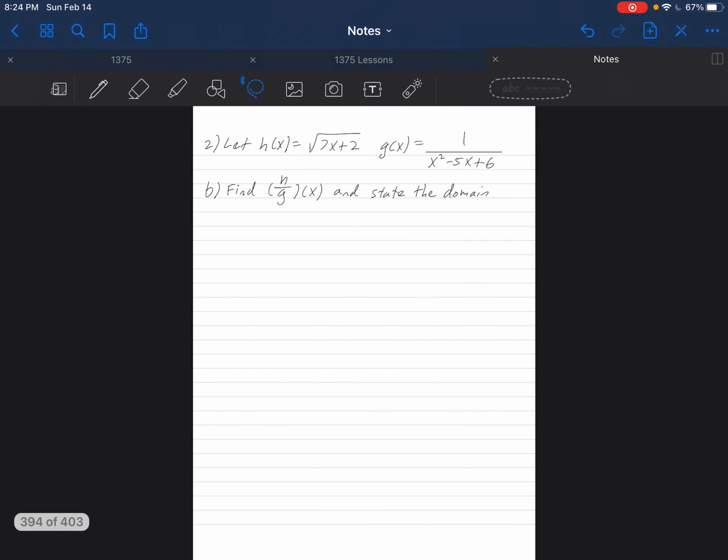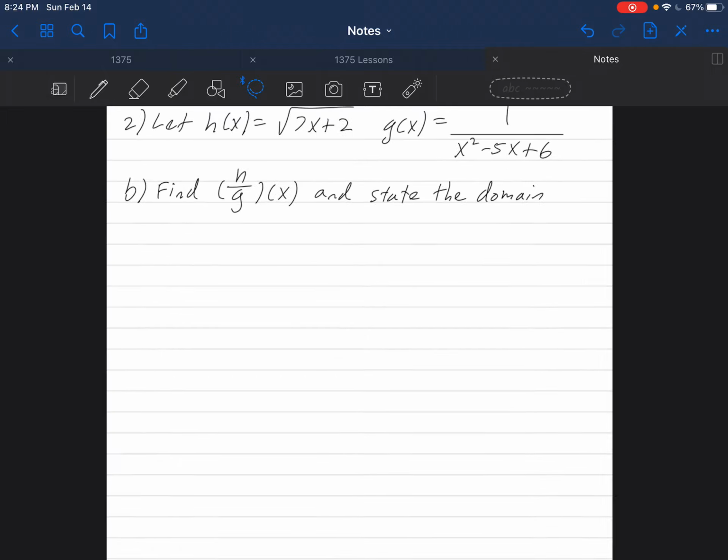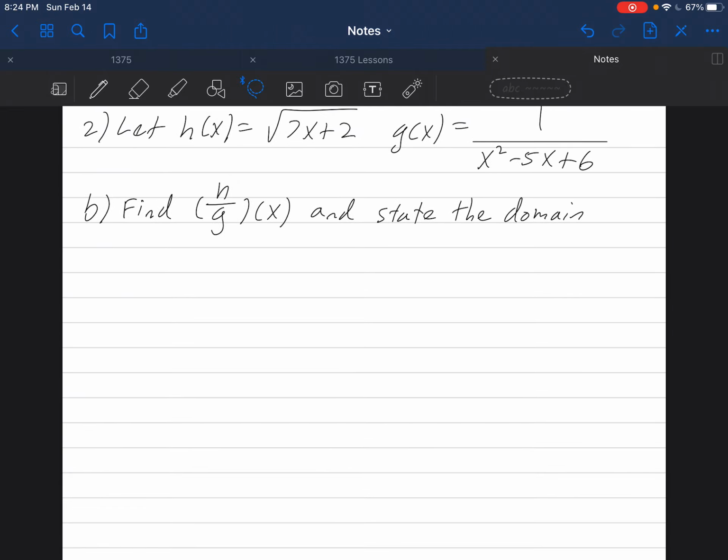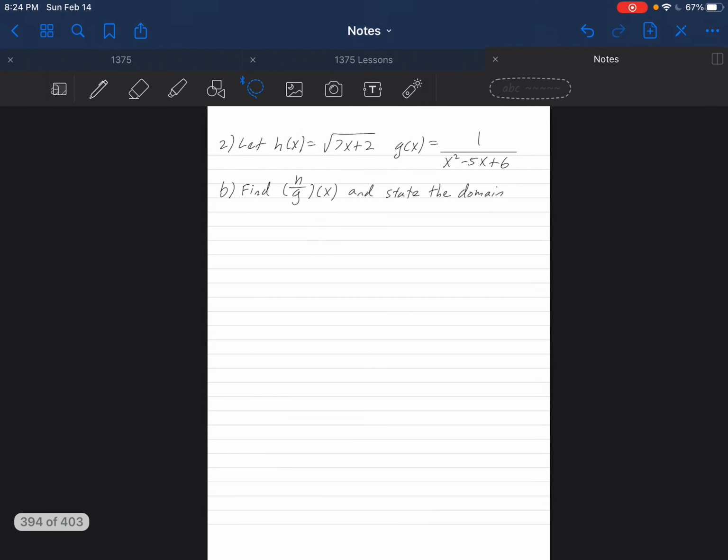Let's look at another. Same h and same g, but this time we'll look at h on top and g on bottom, right?